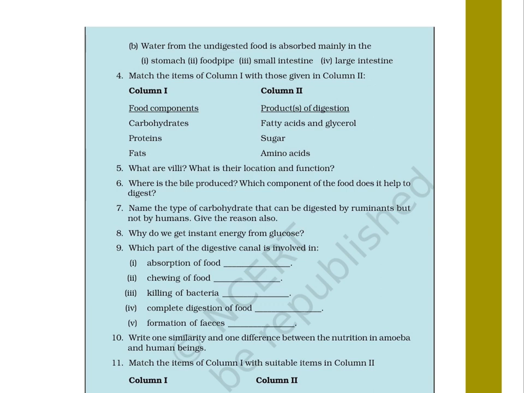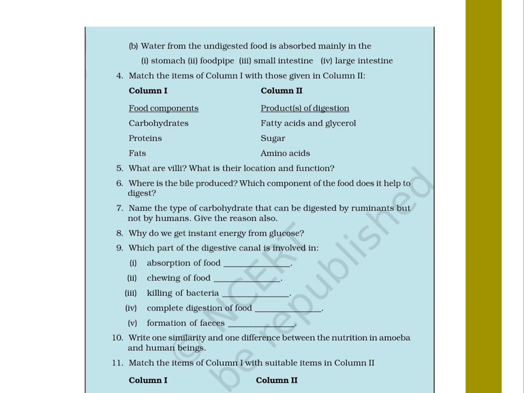4. Match the items of column 1 with those in column 2. Column 1. Food components: carbohydrates, proteins, fats. Column 2.